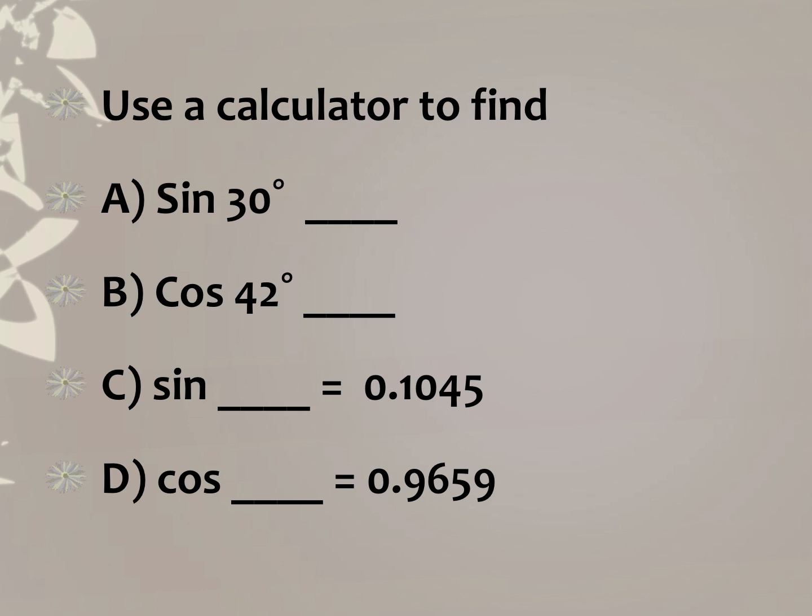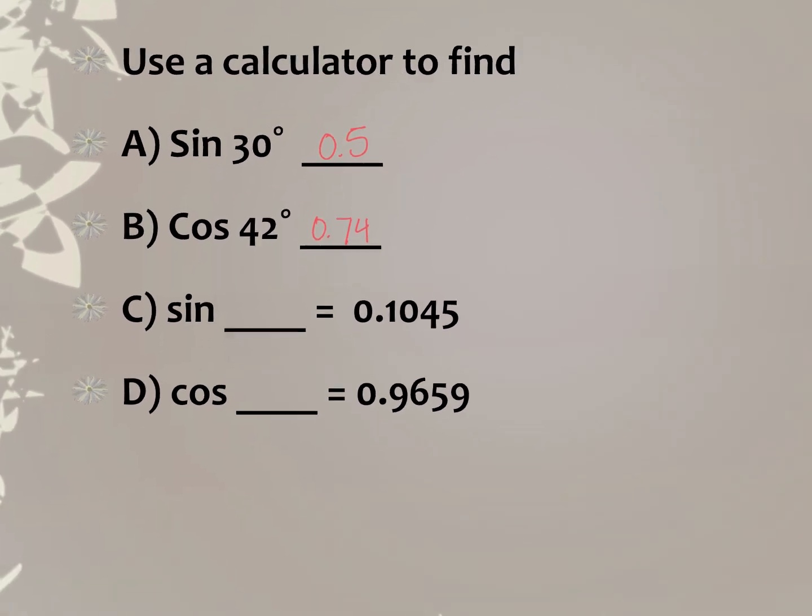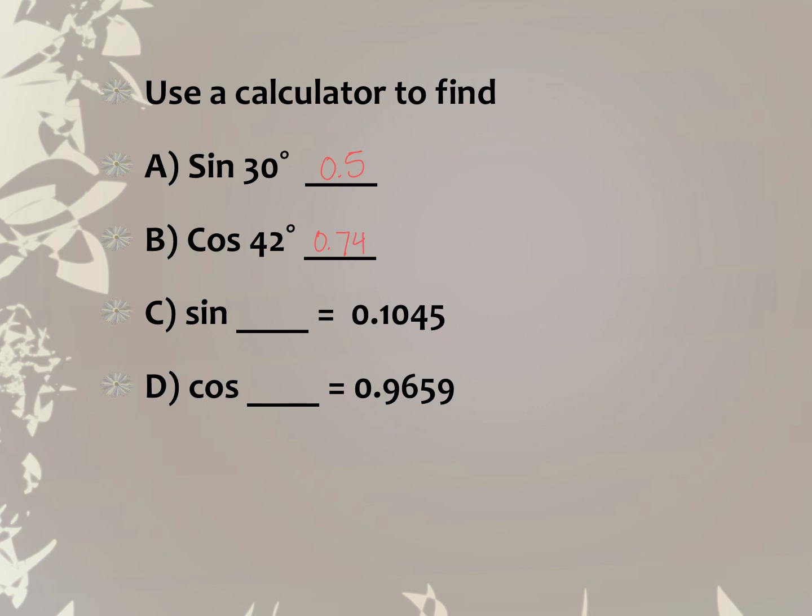So looking at these, sine 30, plug it into the calculator, and it's going to be 0.5. Looking at cosine 45, plug that into your calculator. Rounding to the nearest hundredth, it's going to be 0.74. For C and D, you have to plug in the inverse.